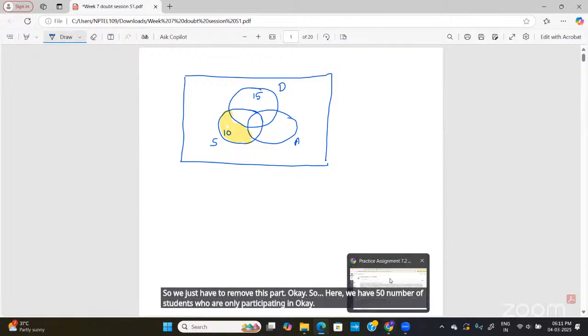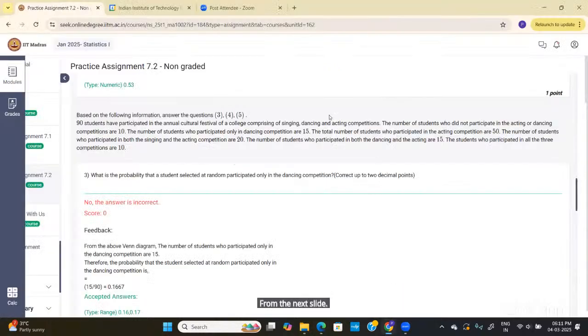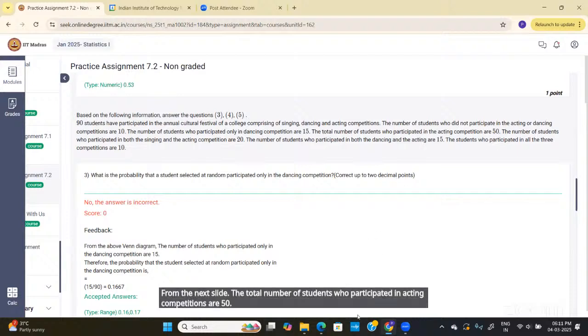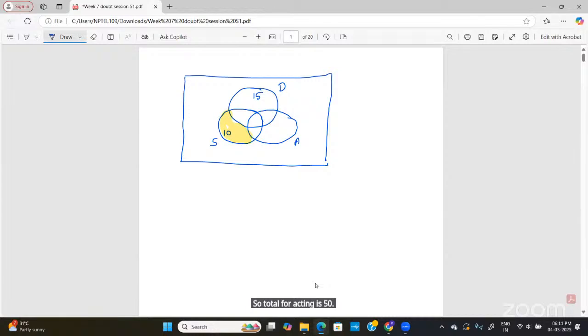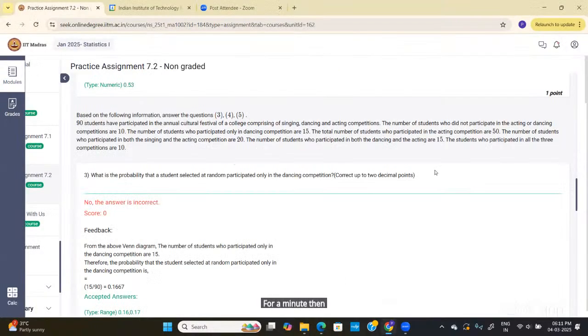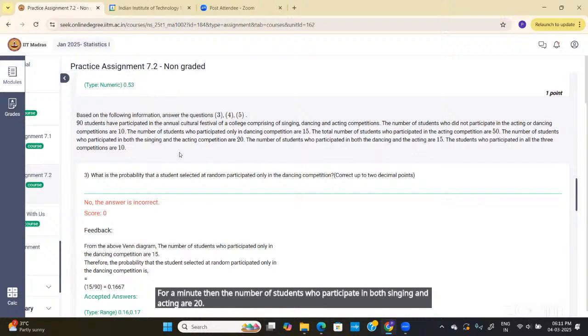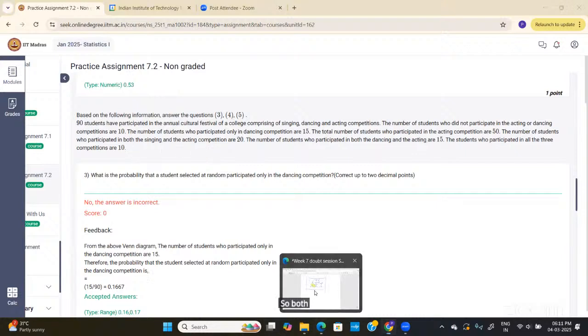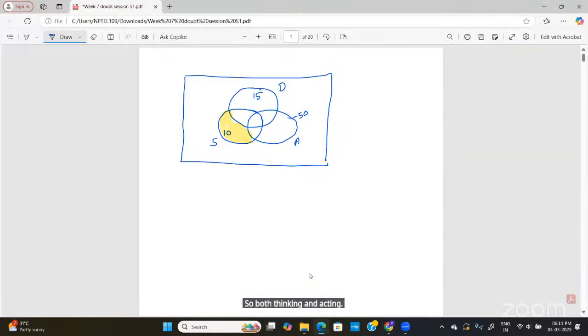From the next line, the total number of students who participated in acting competitions is 50. So the total for acting is 50. I'm writing it outside for a minute. Then the number of students who participated in both singing and acting is 20.